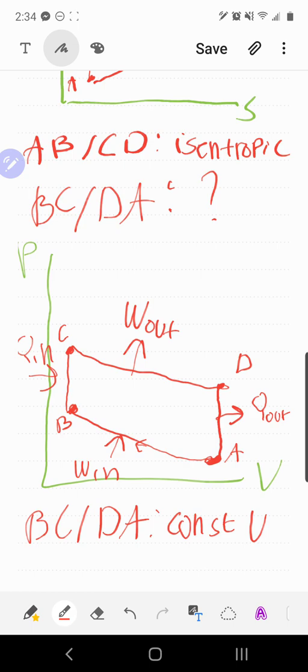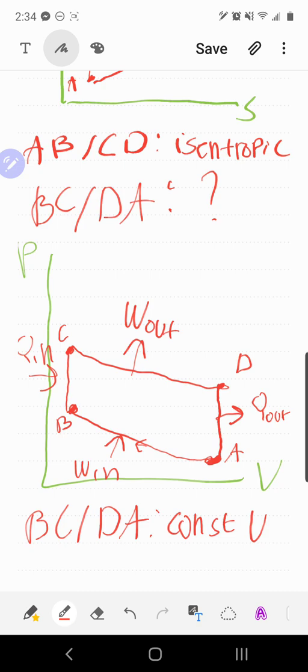So now what do we have? Our answer choices basically are saying we have two constant volume processes, two isentropic processes, two constant pressure, two isentropic. It doesn't specifically say these A, B, C, D, B, C, D, A. So all we know is that there are two processes that are isentropic and two that are constant volume. Does this reflect any of the answer choices here?